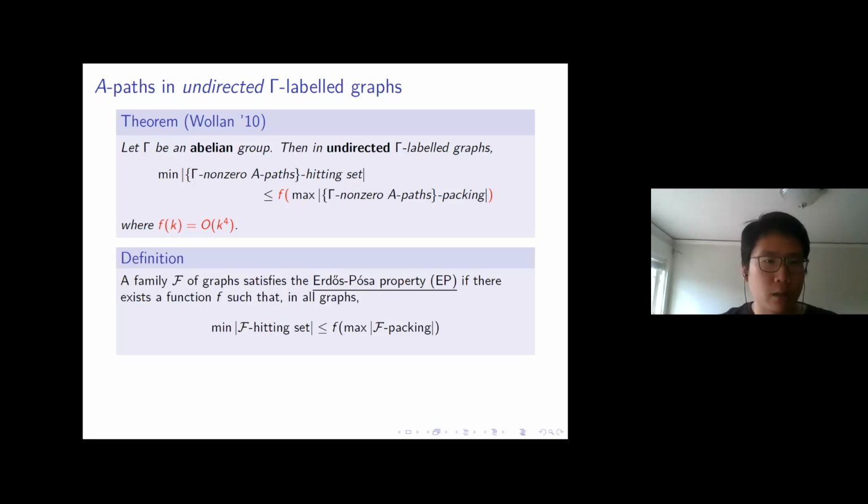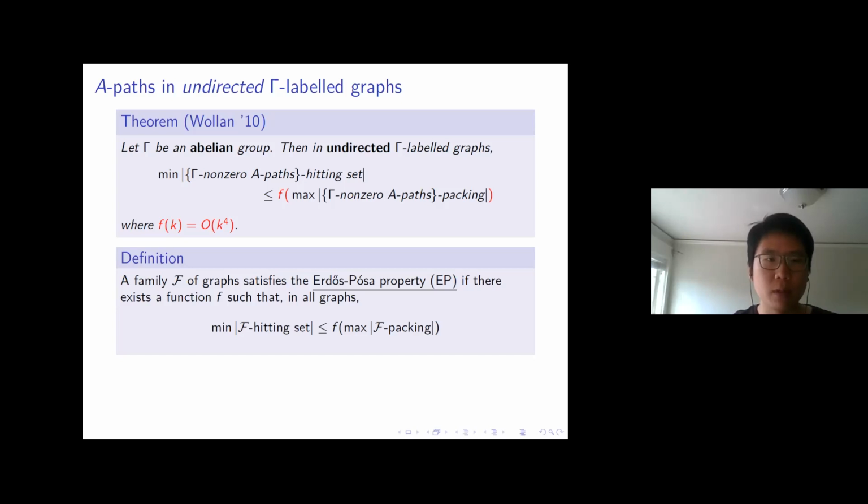Okay, so here I think is a good place to introduce this notion of the Erdős-Pósa property. If you give me any family of graphs, so think of cycles or A paths or special kinds of A paths, we say that this family satisfies the Erdős-Pósa property if there exists a function f such that in all graphs we have the inequality that the minimum size of a hitting set for all subgraphs in the family is bounded by a function of the maximum size of a packing of subgraphs in the family.